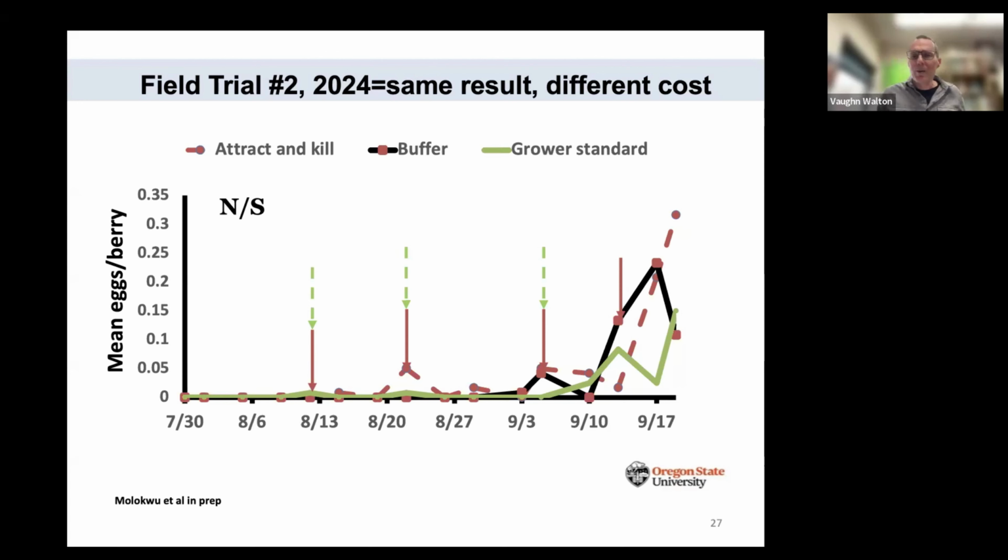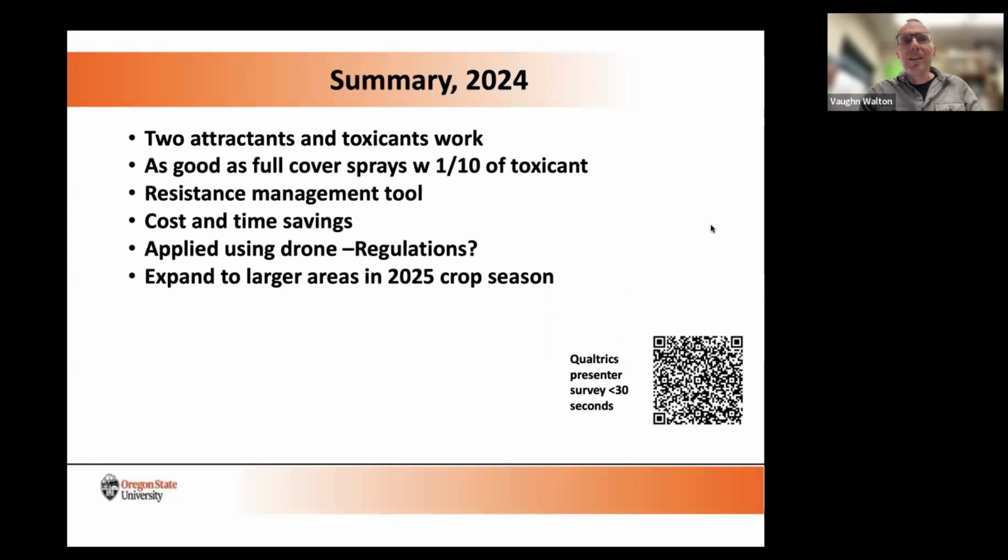So overall, when we look at this data, our growers are kind of excited about that. We're going to expand this work next season. This attract and kill technology is available commercially for our growers here in Oregon as well, and so our growers are going to be expanding the use of this.